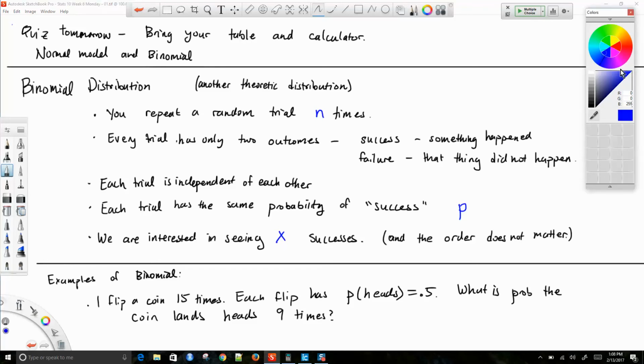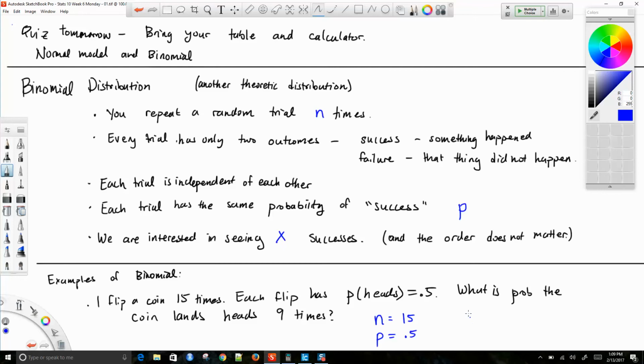Okay, and so in this case, this is a binomial, and let's try to identify our 3 letters, our n, our p, and our x. What is our n in this situation? 15. We're flipping the coin 15 times. What's my p? 0.5.